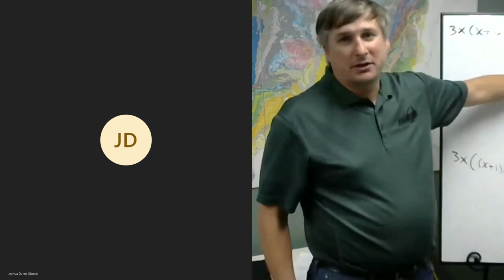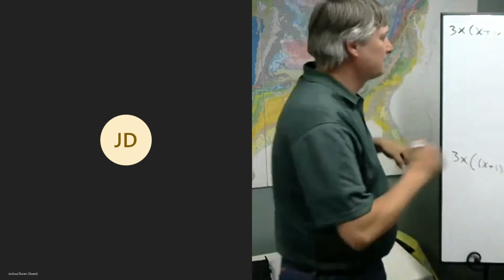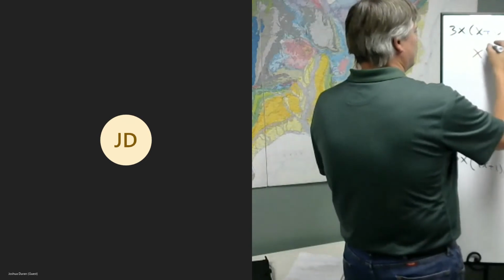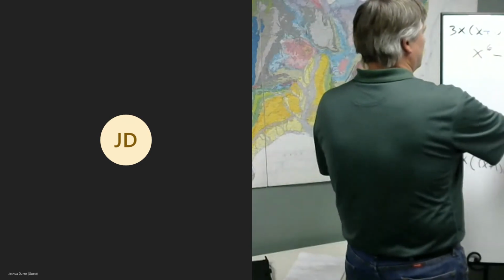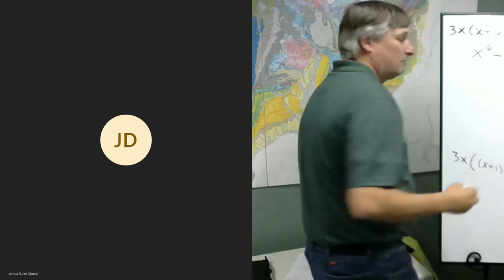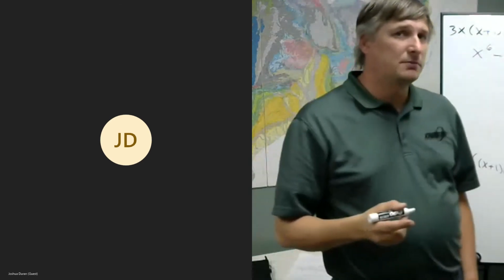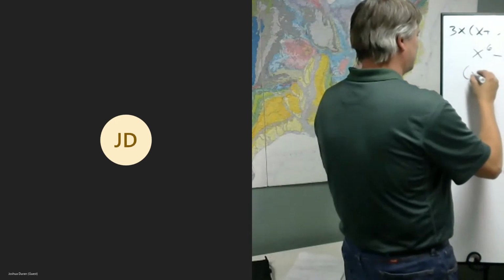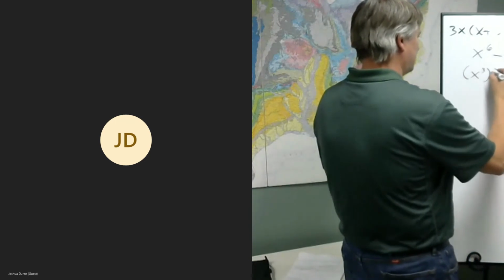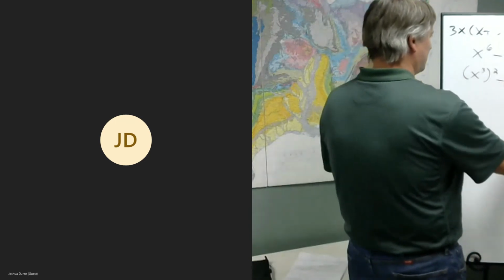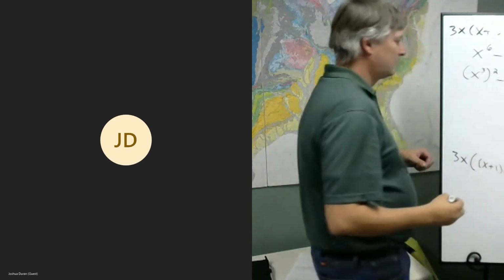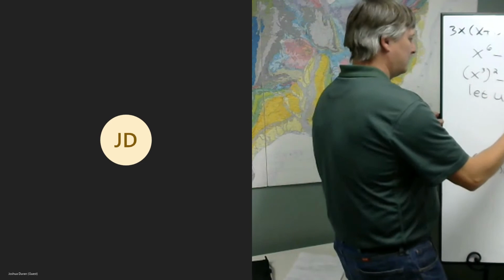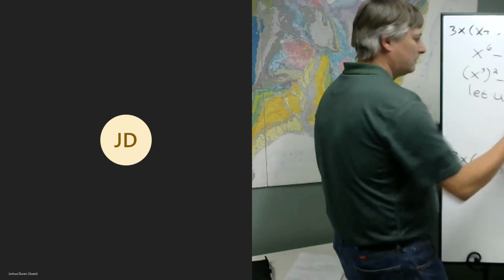Now this one's kind of tricky. What we can do with this, we can do what's called a U substitution. We can make this observation. So let U equal x cubed.